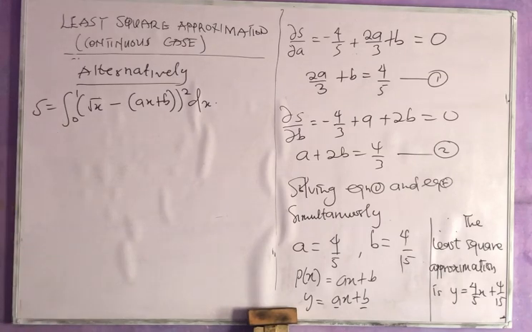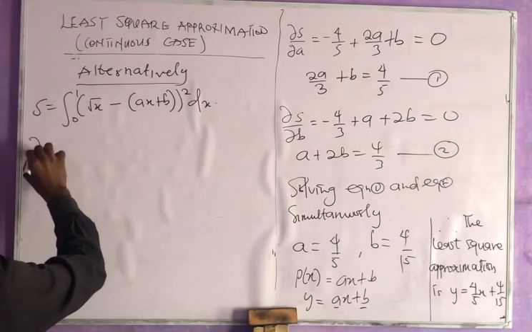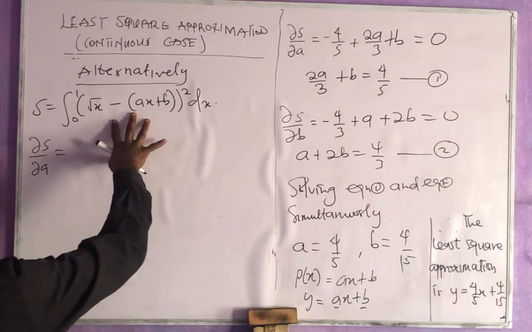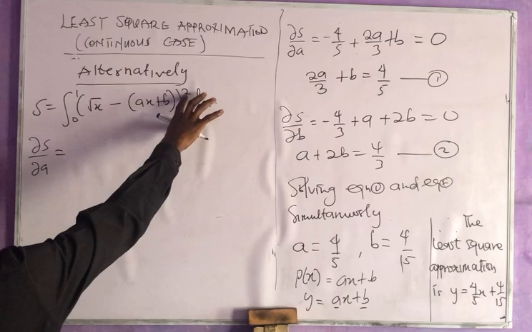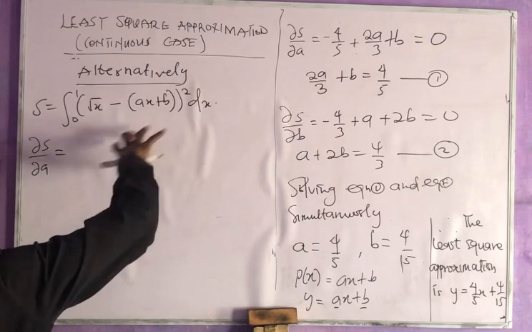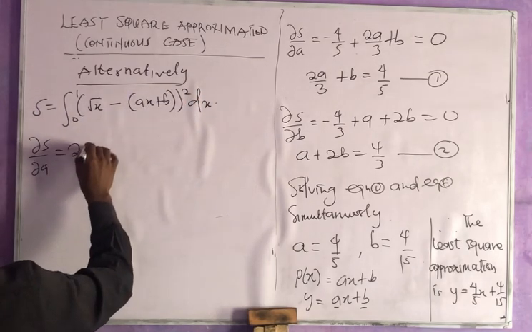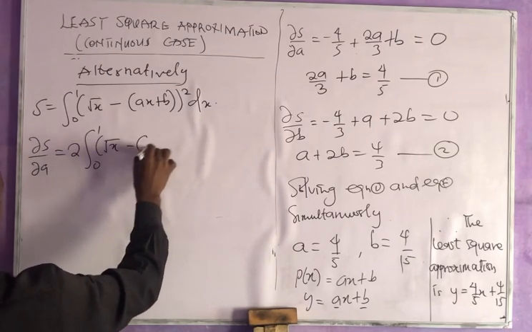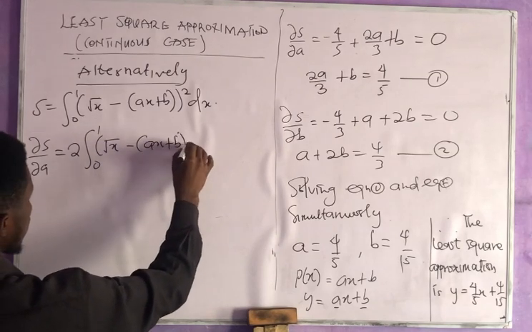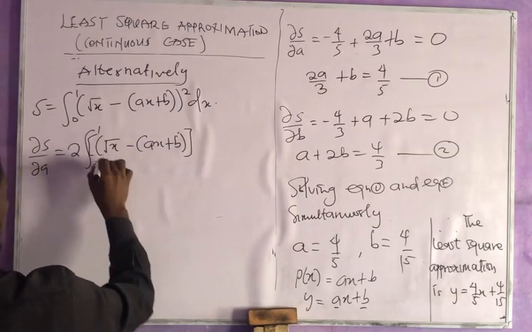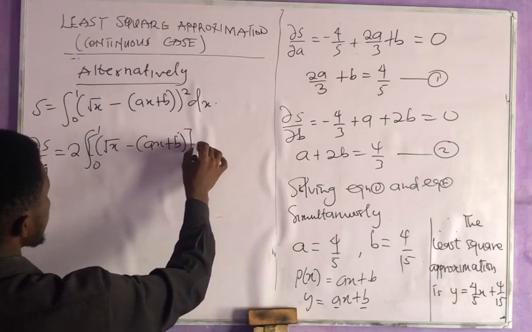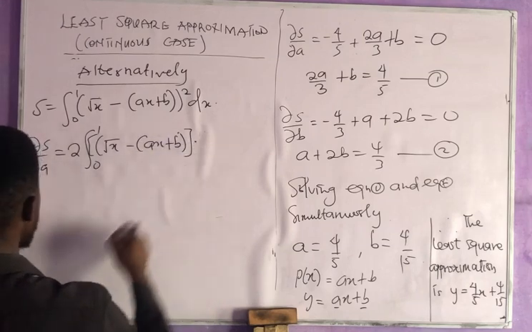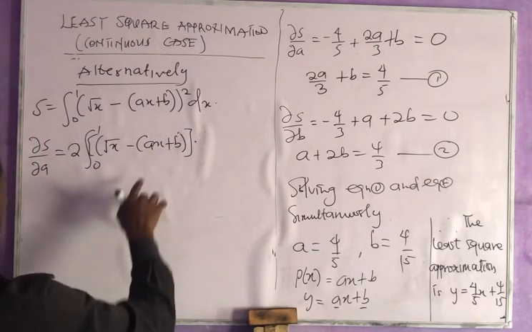I can take the partial derivative with respect to a straight from this. If I'm differentiating it, this is a composite function. So I have to differentiate the whole function first, which will give me 2 outside, the integral from 0 to 1 of root x minus ax minus b, times, then I'll differentiate the inside.